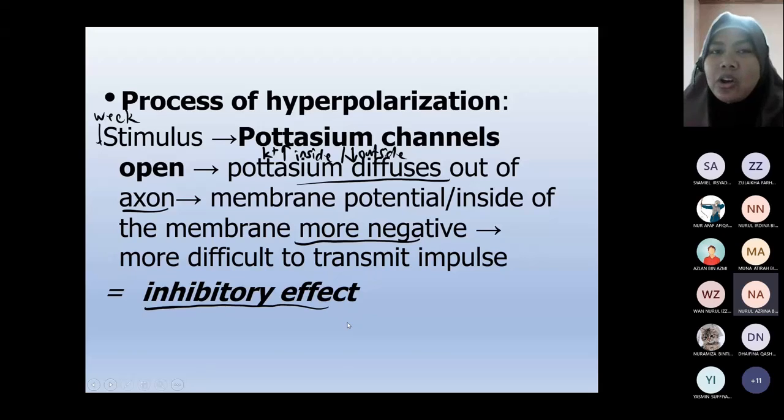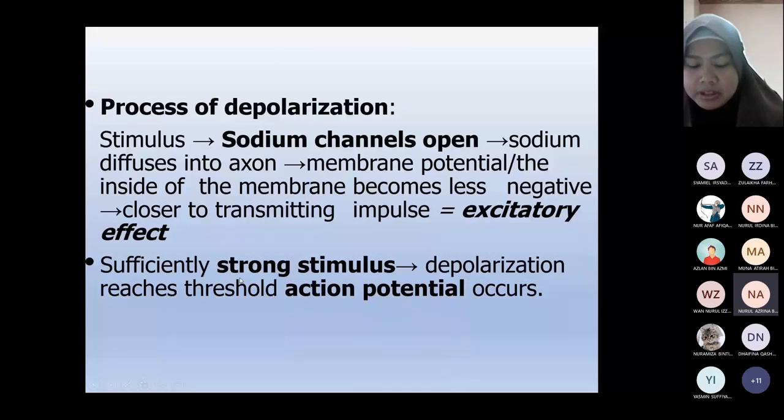As for the process of depolarization, look at depolarization. In the process of depolarization, the weak stimulus induces the opening of sodium ion channels, or even better, voltage-gated sodium ion channels, to open, and sodium ions diffuse into the axon.